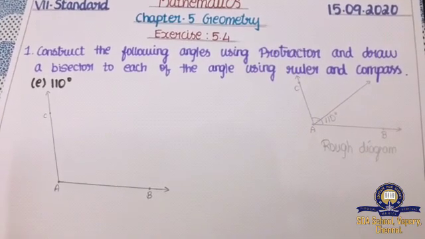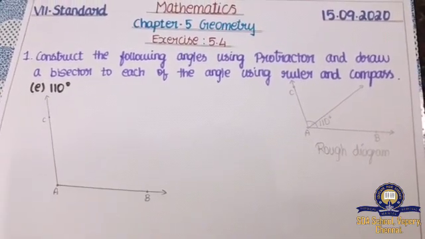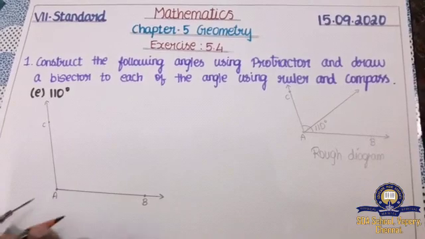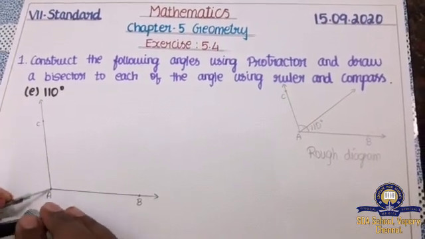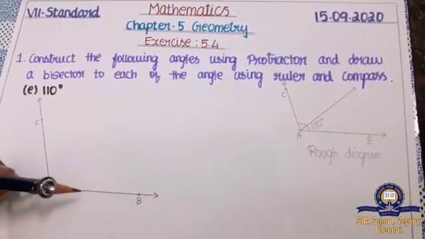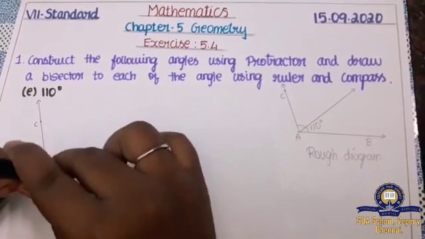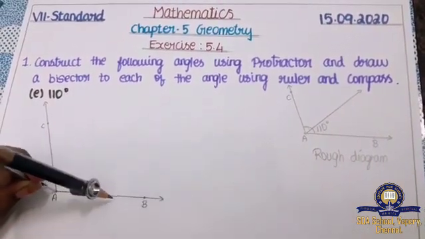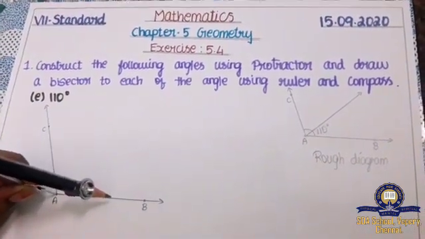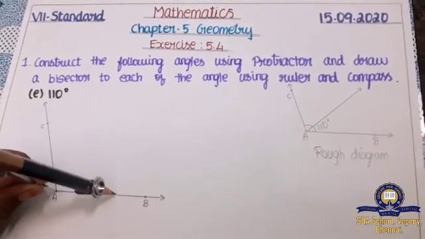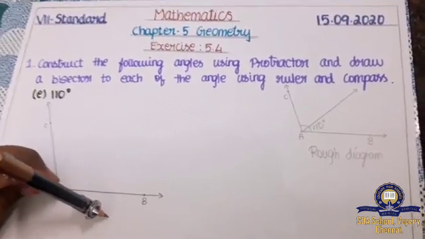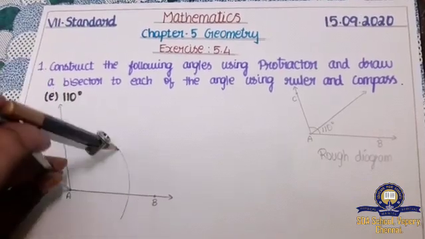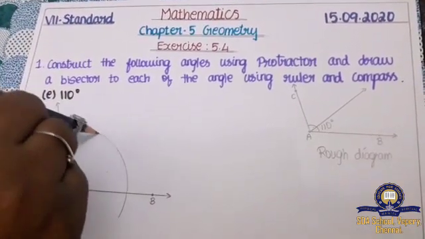Then, what is our next step? Using the compass, keep the compass at A point and take more than half. Here I am taking 5 centimeter, more than half, and draw an arc to cut AB and AC.